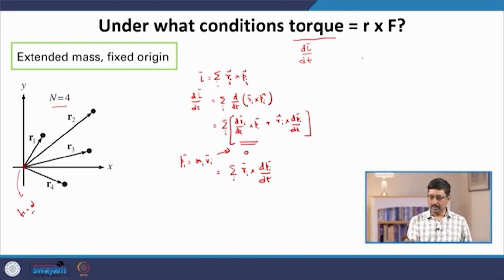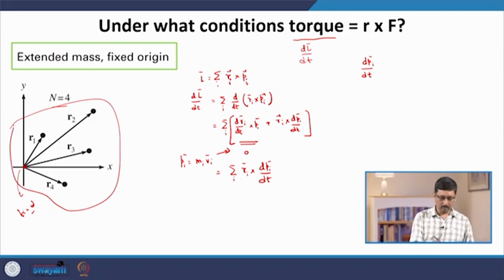Here is the difference. When we have an extended object and we write down the force on particle i, we make a distinction between two kinds of force. Let us say this is our system and everything else is surrounding. Then there will be interaction between the surrounding and the particles inside the system.